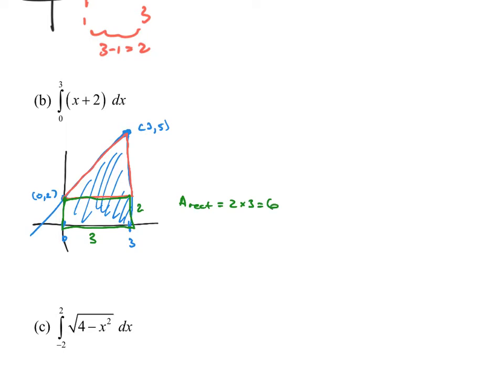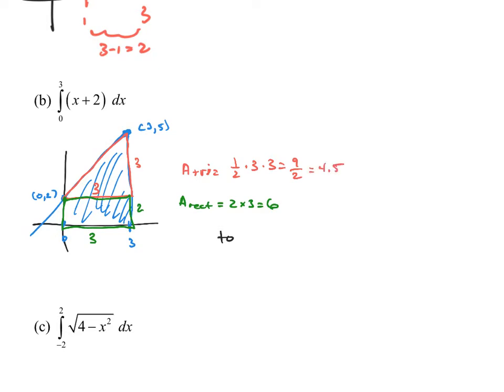That triangle, again, this side is 3, and the height would be 5 minus 2, which is also 3. So the area of the triangle would be 1/2 times the base, which is 3, times the height, which is 3. That would be 9/2, or 4.5.